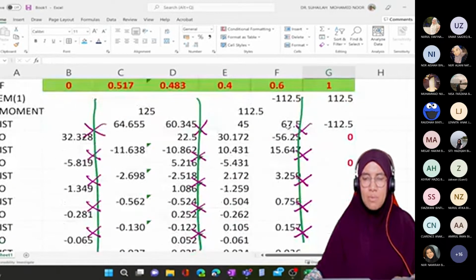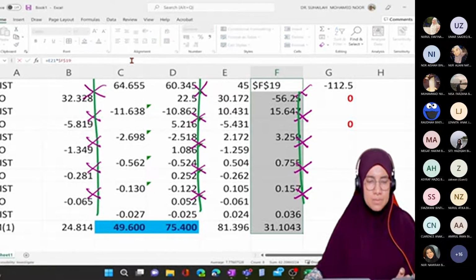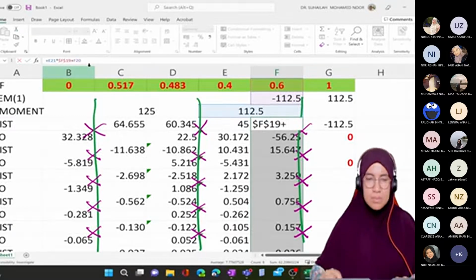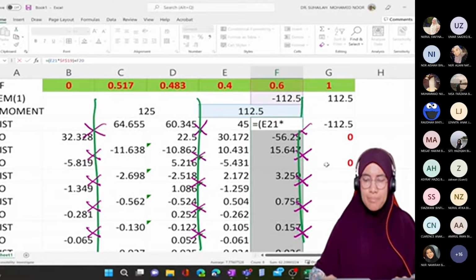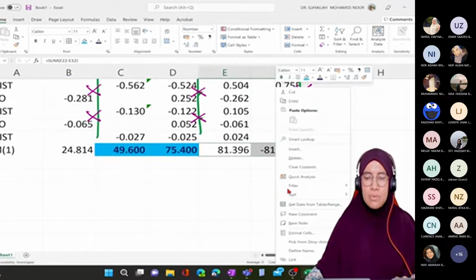This total moment plus the moment above earlier. Because that is FEM. So the value will be the same but opposite direction.